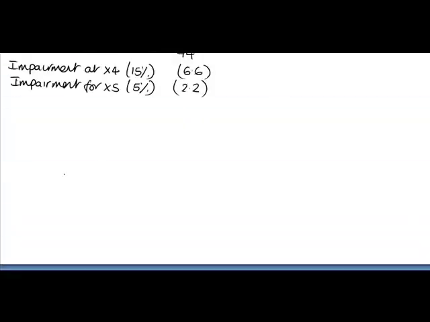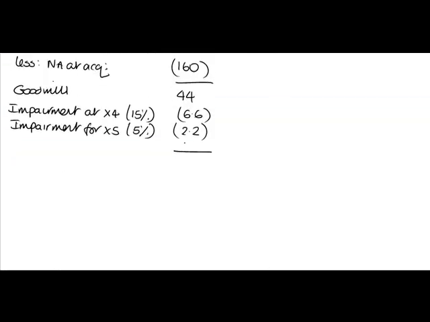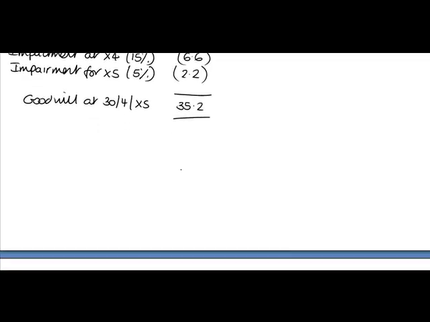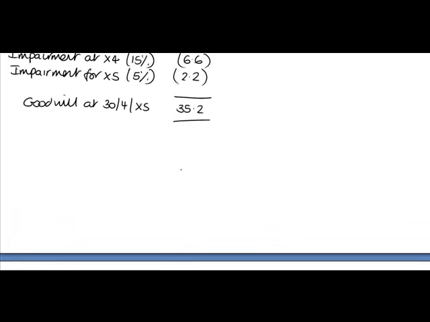So what we can now do, and here I'm going to take a slightly different approach to what I normally do for exam questions. I'm trying to sort out individual issues. So goodwill at the 30th of April X5 is 35.2. We can now work out the NCI's share of our gains and losses.